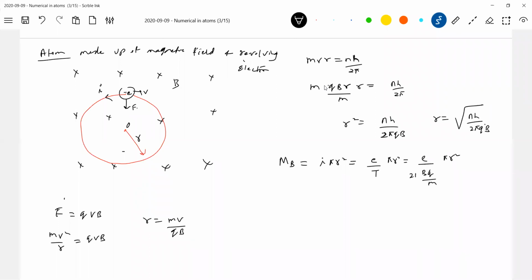There's the dipole moment I'm bringing. So this should be equal to e over 2 pi m times qB times pi r squared, which is nh by 2 pi by omega. Some calculations here.